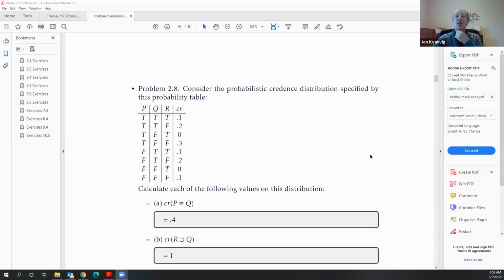What's the credence for if R then Q? Answer is 1. How do I get that? Well, you look at all of the lines where either the antecedent is false or the consequent is true.